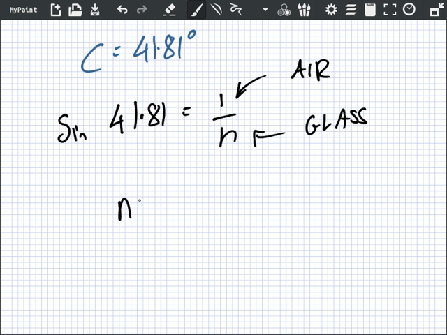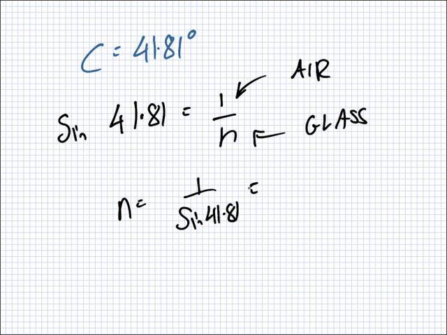So n would just be 1 over sine 41.81. What's that, for about 1.3? Oh, okay, 1.5. How many marks is that now? Must have only been like 1 mark, 2 marks. 2 marks, okay. Right, what's the next part now?